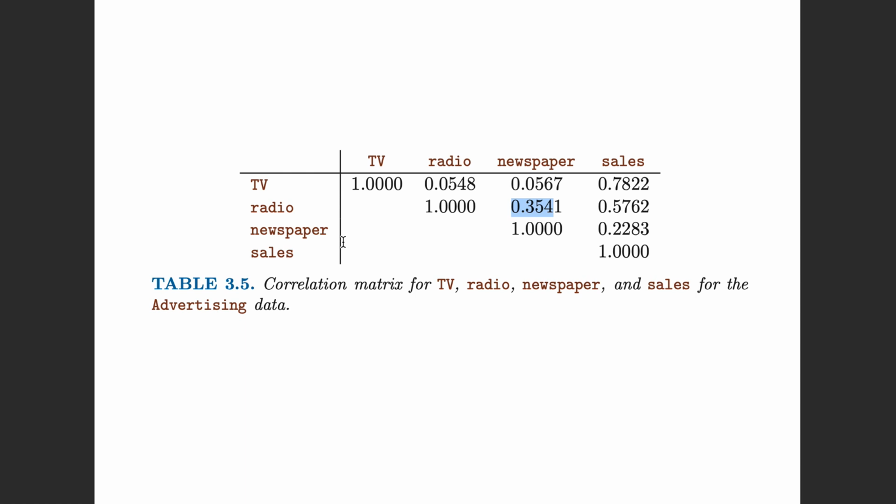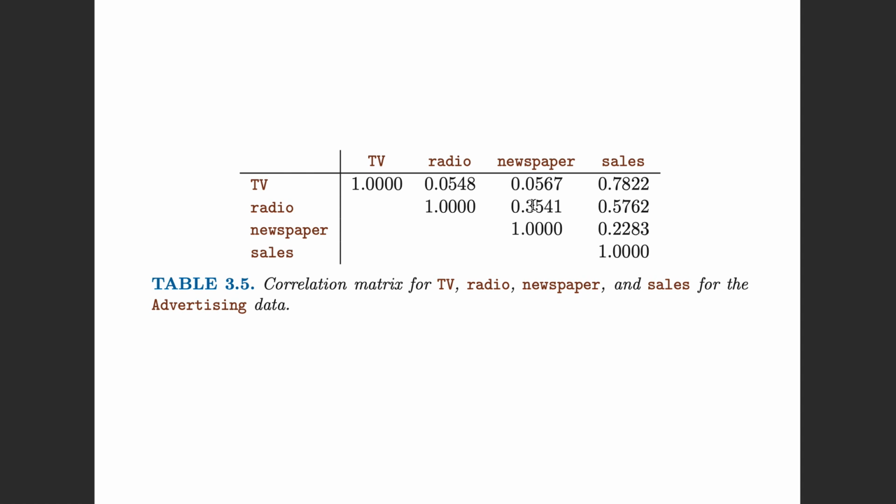So then in markets where we spend more on radio, our sales will tend to be higher. And since the correlation matrix shows, we also tend to spend more on newspaper advertising in those same markets.